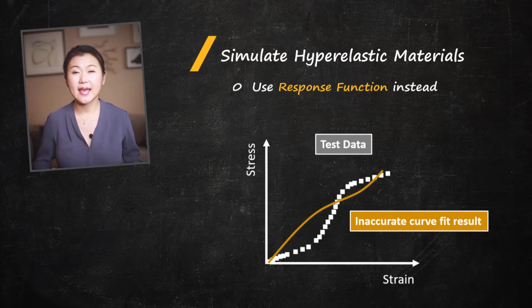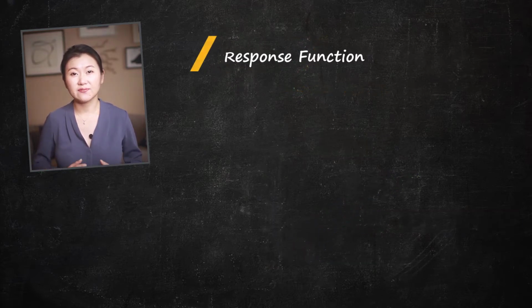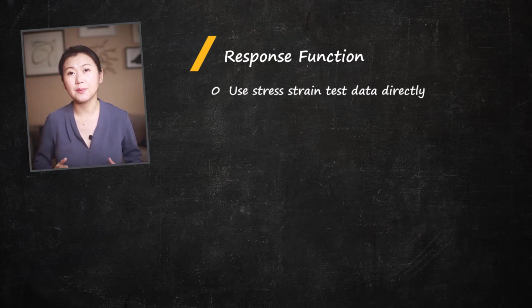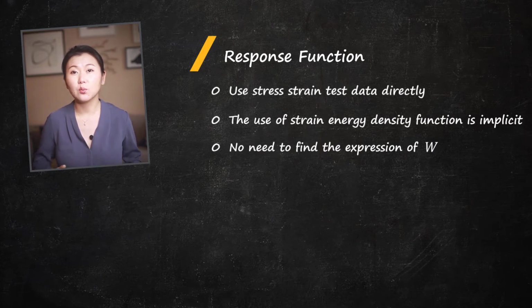For such cases, Ansys provides response function as an alternative method in characterizing hyperelastic material behavior. Response function is uniquely designed to derive the stress state directly from experimental data. Note that response function is still based on the idea of using strain energy density function to characterize the material. The difference here is that the use of strain energy density function is implicit without the need to find the expression.